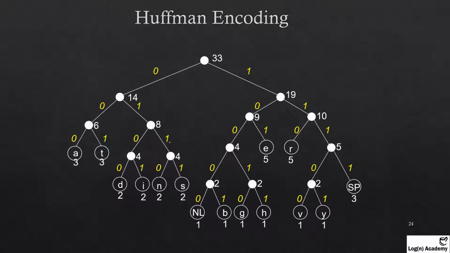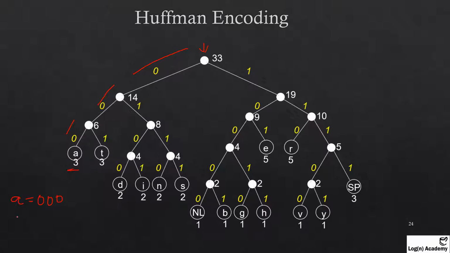Now what's the next step? Let's take A. We will start from the root node and traverse to A this way, this way and this way. So A is equal to 0, 0, 0 because we have three zeros here.